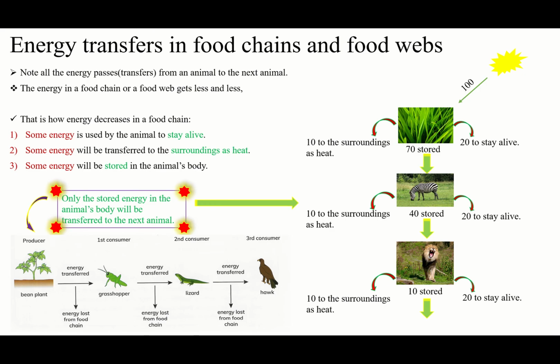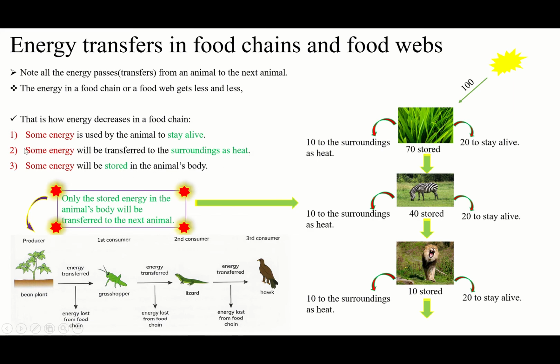So these two are clear. Some to stay alive, some to the surroundings, and some will be stored in the animal's body. Only the stored energy from the animal will be transferred to the next animal. That's why we say not all energy, because some to stay alive, some as heat, and some stored.